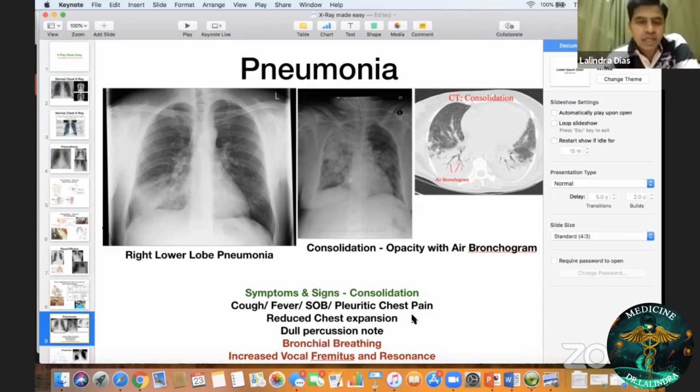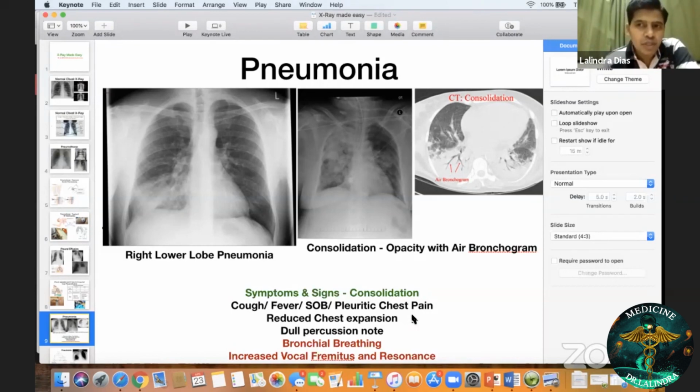So pneumonias. What is a pneumonia? Pneumonia is also called a consolidation. Pneumonia is an infection of the lung parenchyma. In our respiratory medicine lectures, the first lecture was on pneumonia. Pneumonia can be due to several causes. These days pneumonia is the hottest topic in the whole world due to COVID-19 infection.